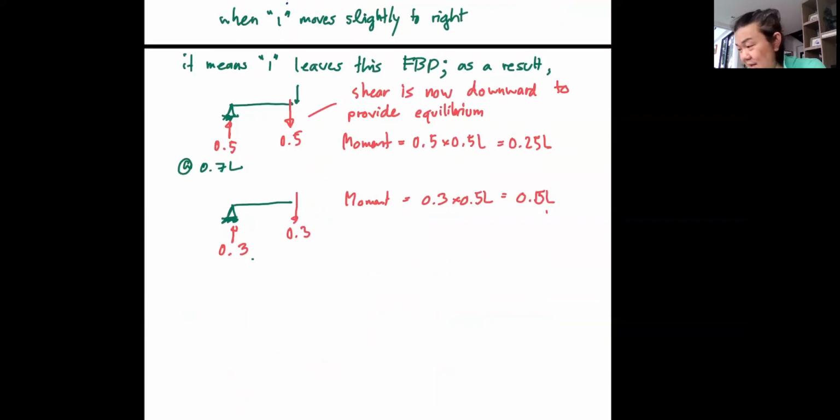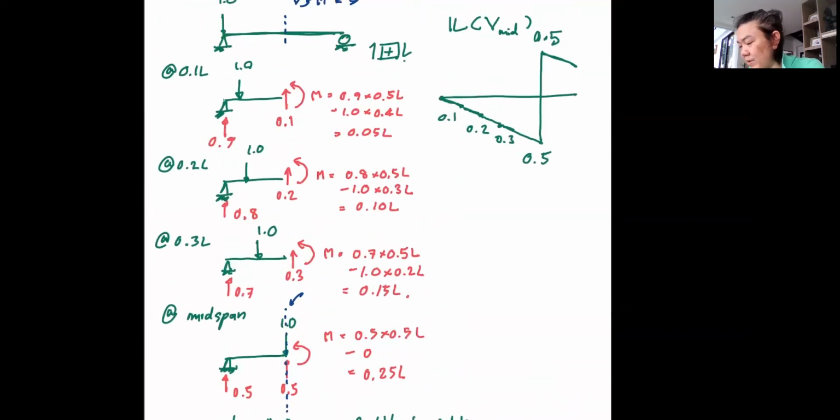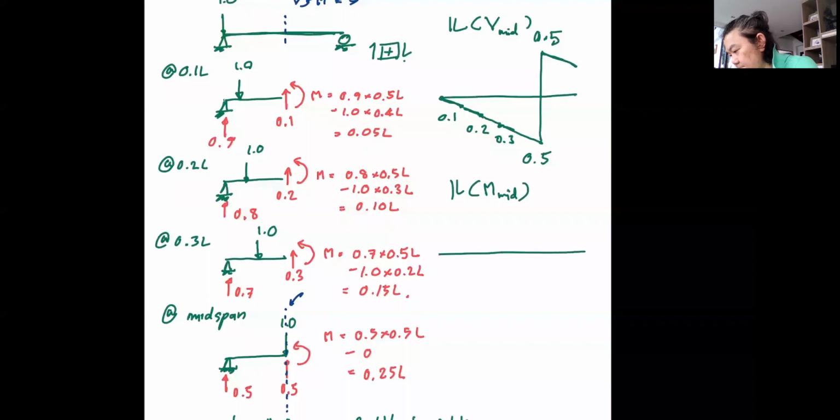Before I finish, let me plot the influence line of the moment for you as well. When the unit load is at 0, the moment is at 0, no doubt about that.